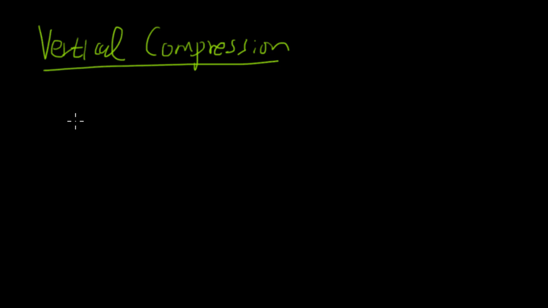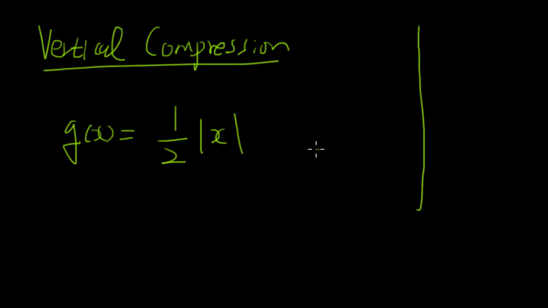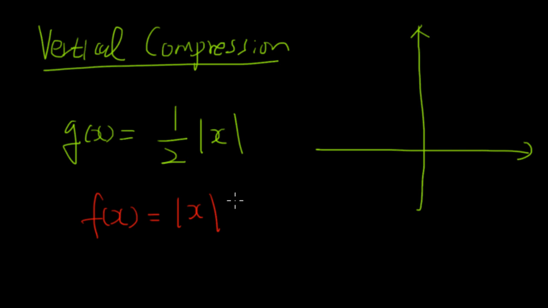So let's say our g of x this time is going to be 1/2 times the absolute value of x. Let's say the original f of x is the absolute value of x, and it looks like this. Oh, this horrible line. It's supposed to be a straight line.